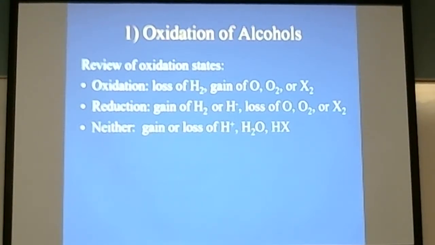So they cancel each other out. So if you're talking about eliminating water from an alcohol to form an alkene, or adding water to an alkene to form an alcohol, or adding HBr to an alkene to form an alkyl halide, those are neither oxidation nor reduction. Okay.